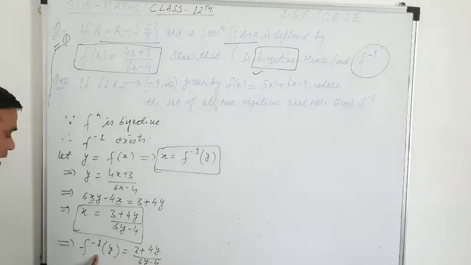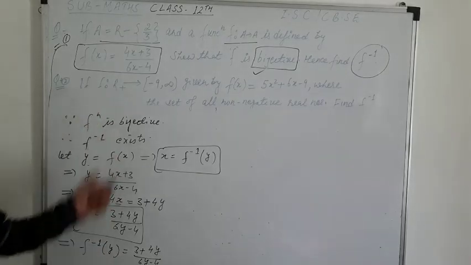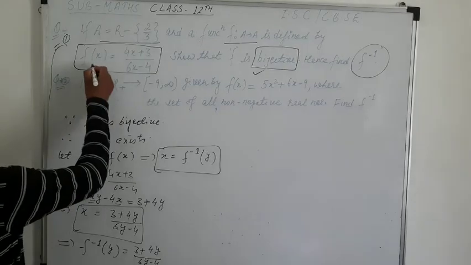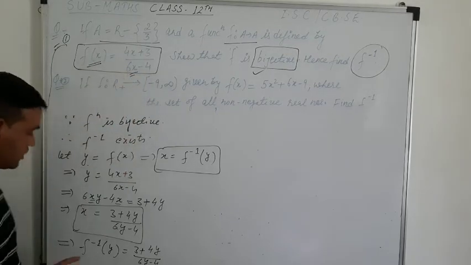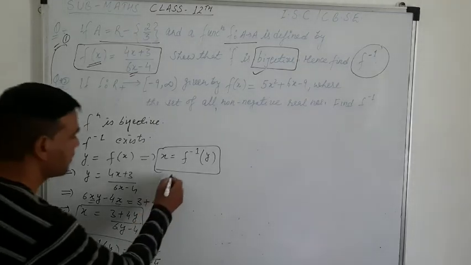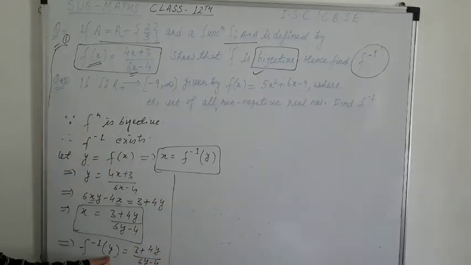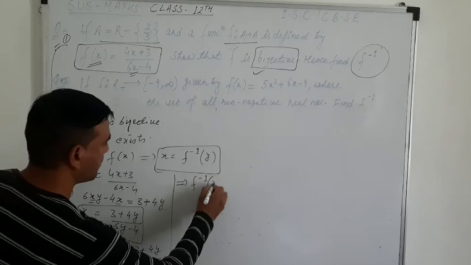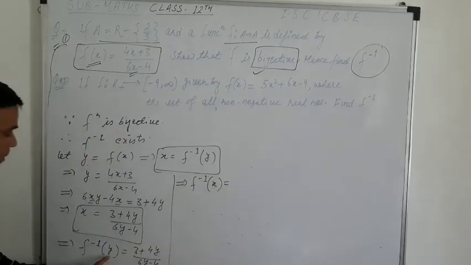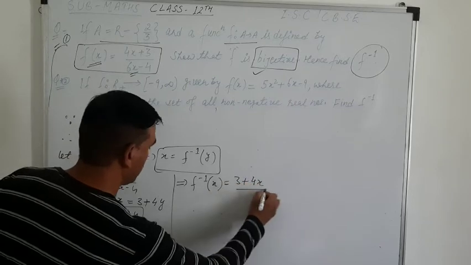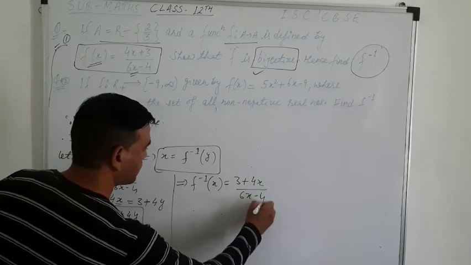And this is the required inverse of the given function, but the function is given in the form of x, so this inverse must also be in the form of x. So if we put x in place of y, we will get f inverse of x is equal to (3 plus 4x) upon (6x minus 4).